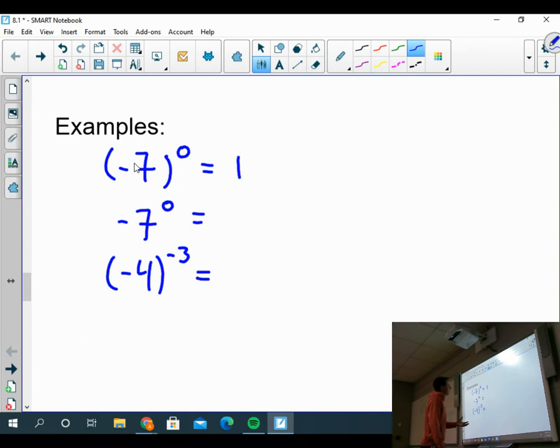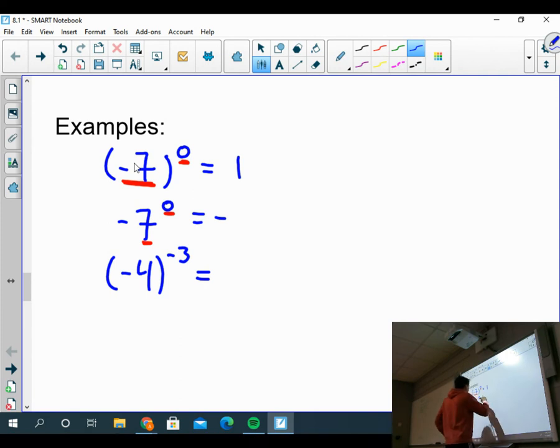Well, we don't have the parenthesis grouping the negative and the 7 together. And as we just learned, that means only the 7 is being applied to the exponent. Unlike in the previous where it was -7 to the 0, we don't have the parentheses there. So really we're looking at 7 to the 0 power, which we know is 1.